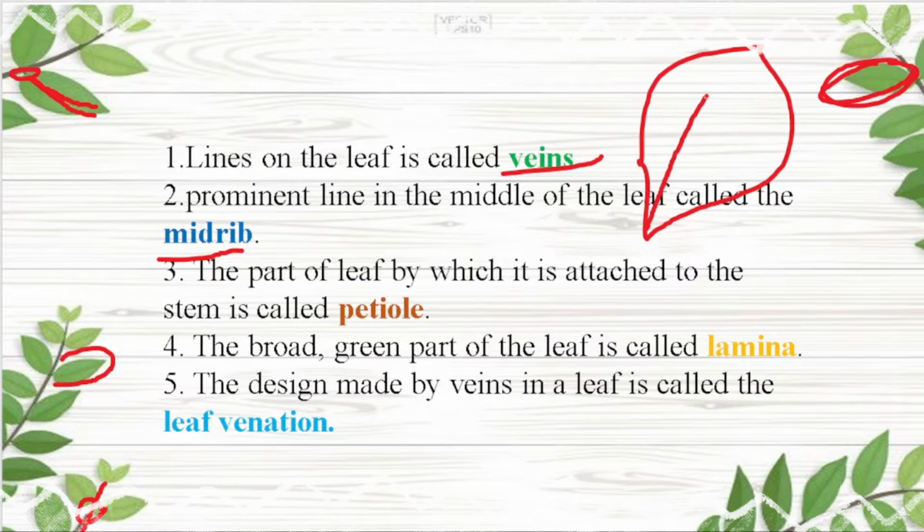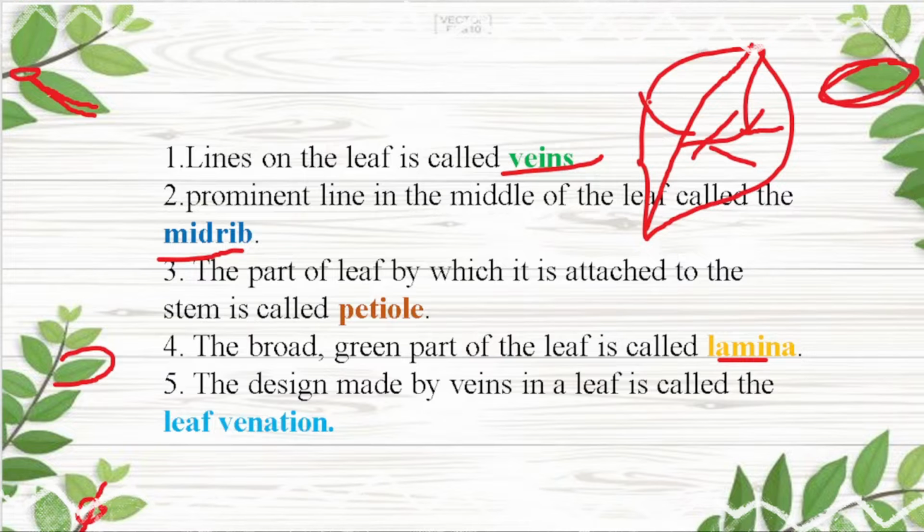And here this is of green color, and this is called the lamina, green flat structure, right? And the design of veins on the leaf is called leaf venation. As also you have seen some designs like this, isn't it? Something like that. So yeah, these are called leaf venations. That is the design on the leaves.